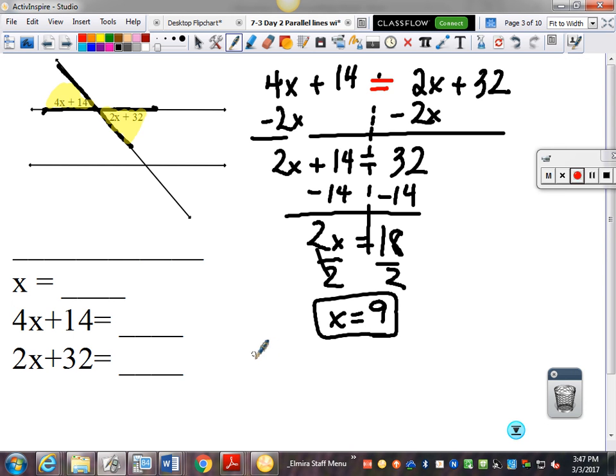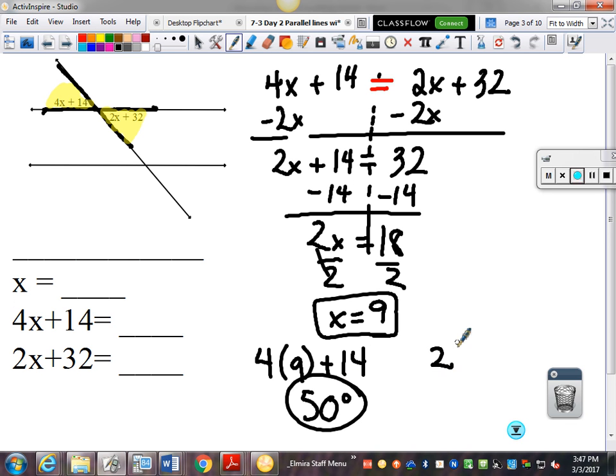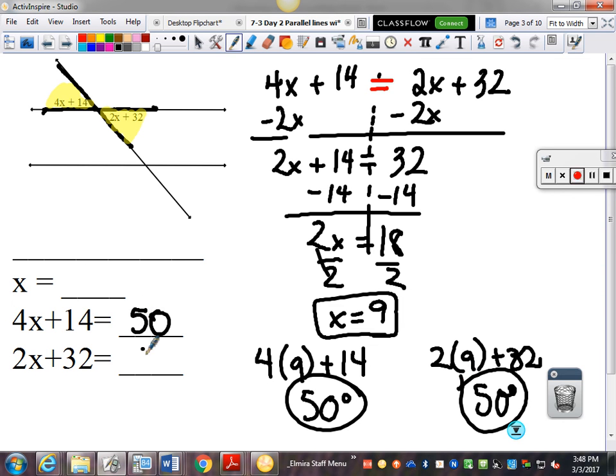Then sub in. 4 times 9 plus 14 is 50. And 2 times 9 plus 32 is 50. And I know I did this right because the angles are the same. They're supposed to come out the same. They're congruent. So 50 and 50 and x equaled 9.